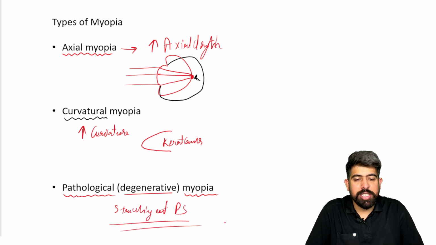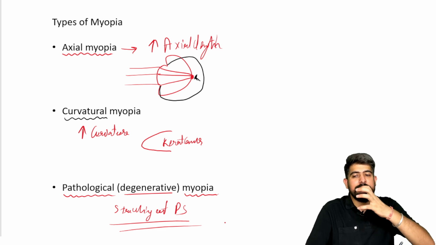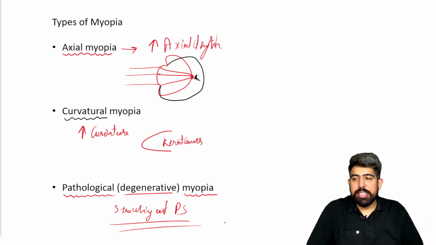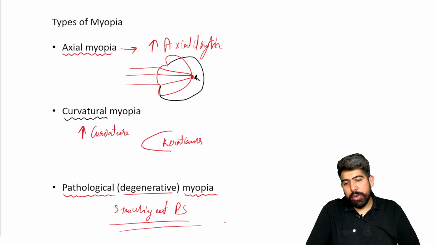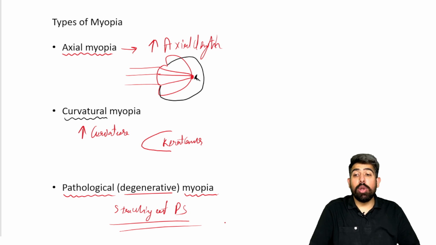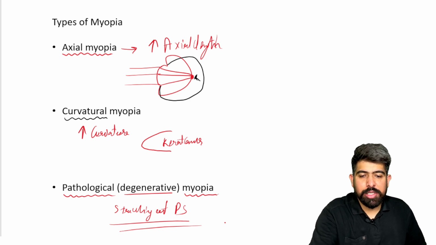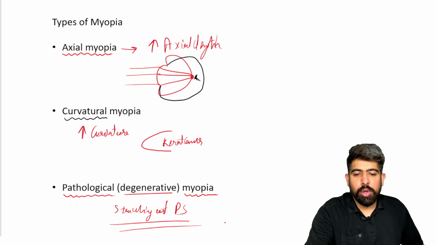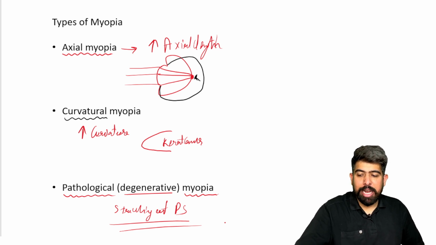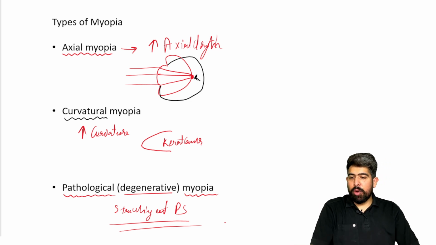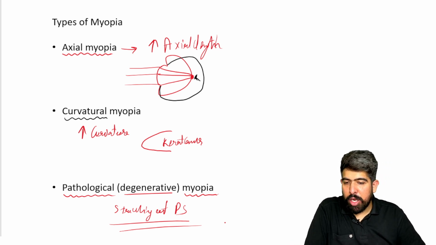If the stretching of the posterior segment is seen, due to this stretching myopia will be seen, and this is known as pathological degenerative myopia. Okay, so this is about your myopia. I hope you remember this.